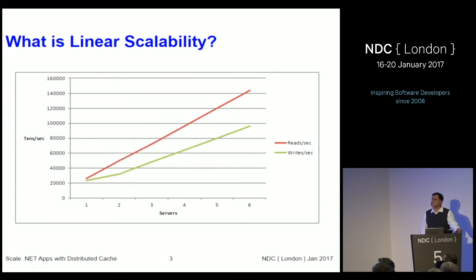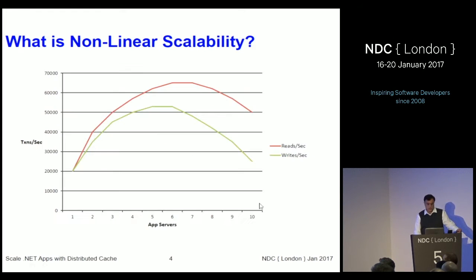So, linear scalability is more of a deployment definition. If your application architecture is such that you can deploy it on multiple servers, and as you add more servers, the transaction capacity, and the word transaction here means activity, the requests by the clients of that application, can increase as you add more servers in a linear fashion, then you have a linear scalability in the application.